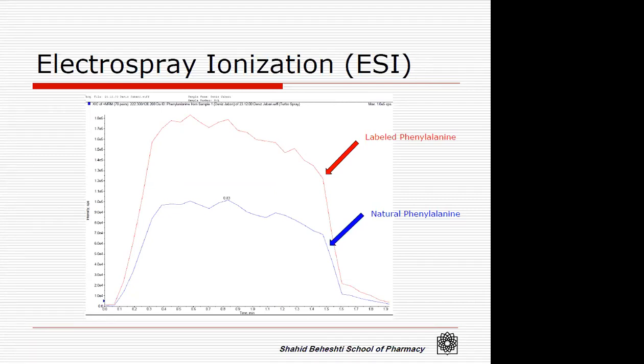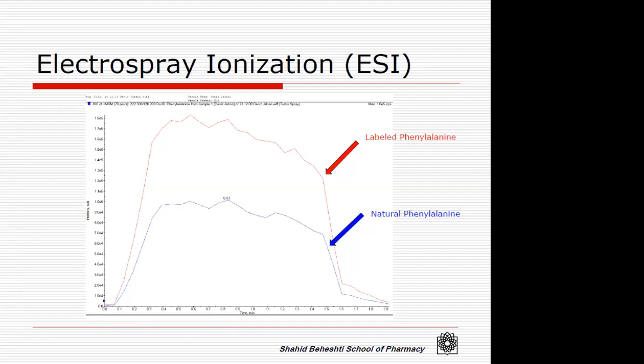So we add the labeled phenylalanine to the sample at the pathological amount. That means we adjust the concentration of labeled phenylalanine to be almost equal to the pathologic concentration. As I explained before, when we have PKU, phenylalanine accumulates in the blood and goes higher than a certain amount, which is called the pathological border, or the pathological concentration.